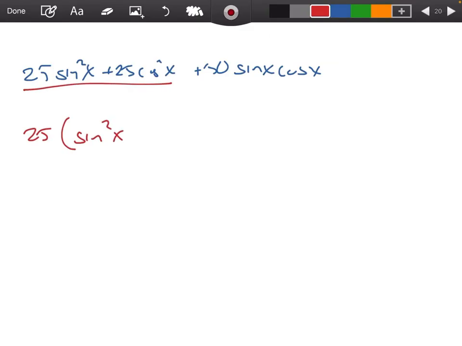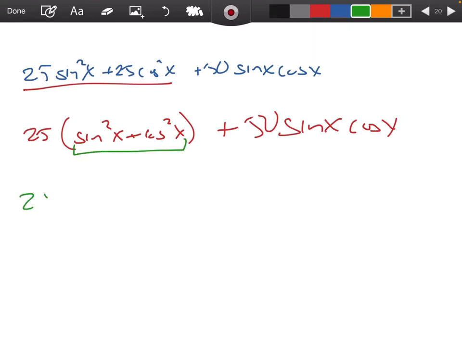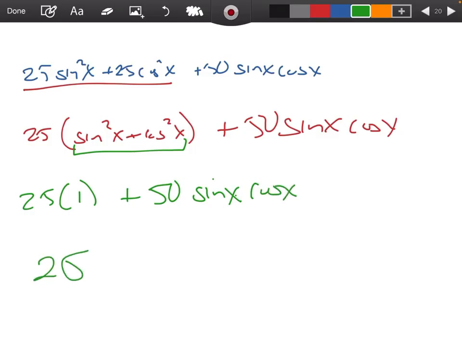It's going to give me sine squared plus cosine squared x plus 50 sine x cosine x, okay? And y'all, we know that from our Pythagorean identity, that's going to be equal to 1. We still got a 50 sine x cosine x. And then finally, this should just be 25 plus 50 sine of x cosine of x.